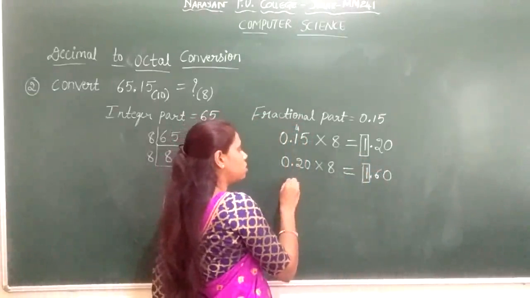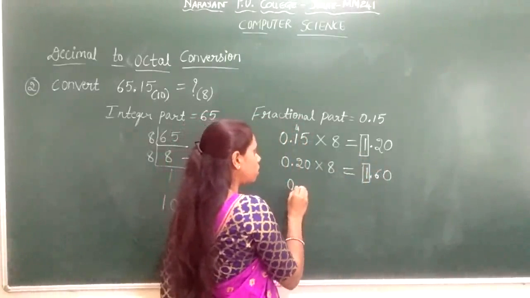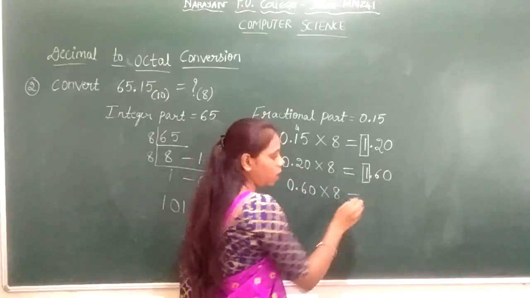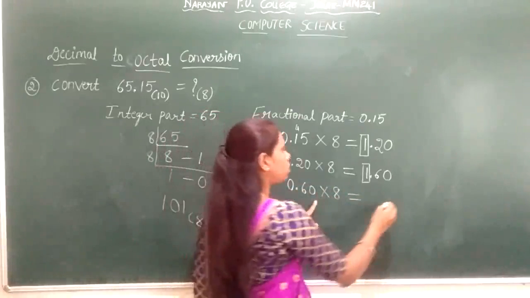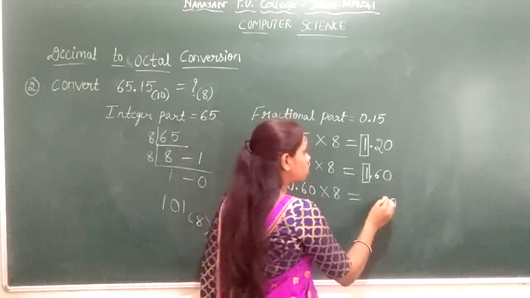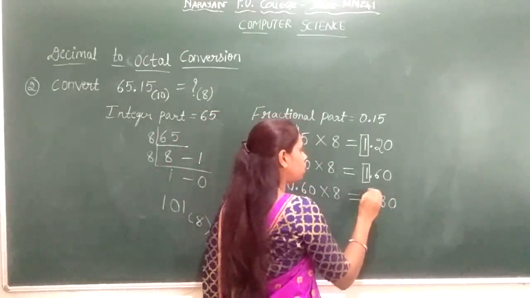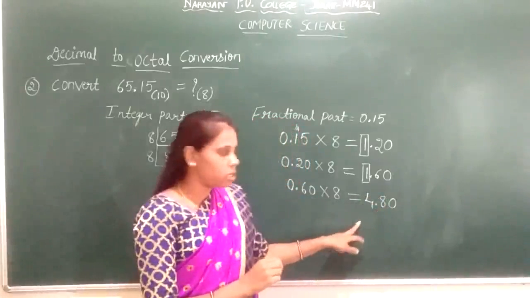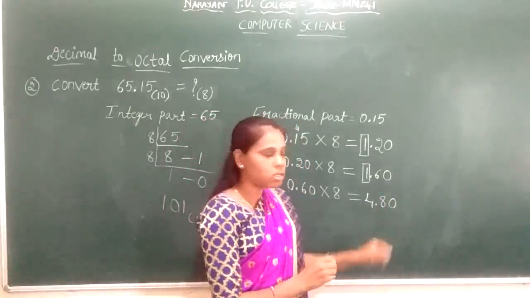Next consider only the fractional part 0.60 multiplied by 8. 8 into 0 is 0, 8 6s are 48, so I will write 8 and 4 as the carry, so that will be 4.80.